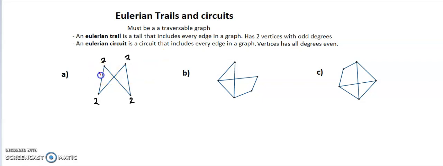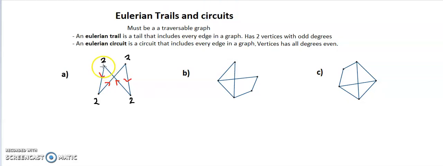So that means if I go through my network, I'm going to be able to go through every single edge. So let's have a go and see.